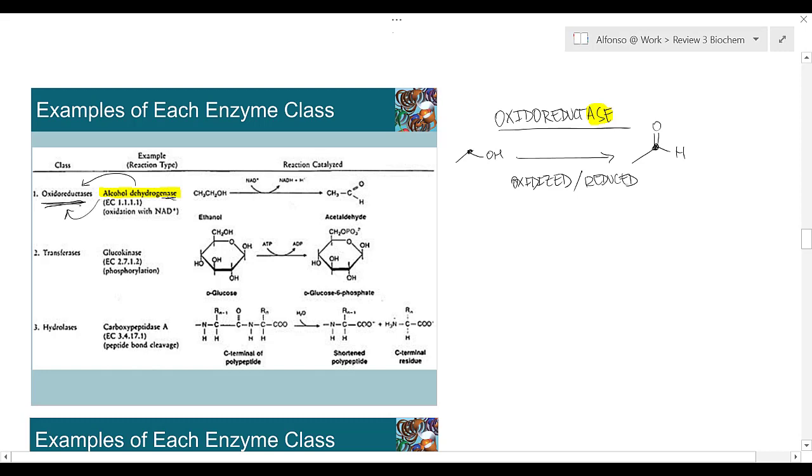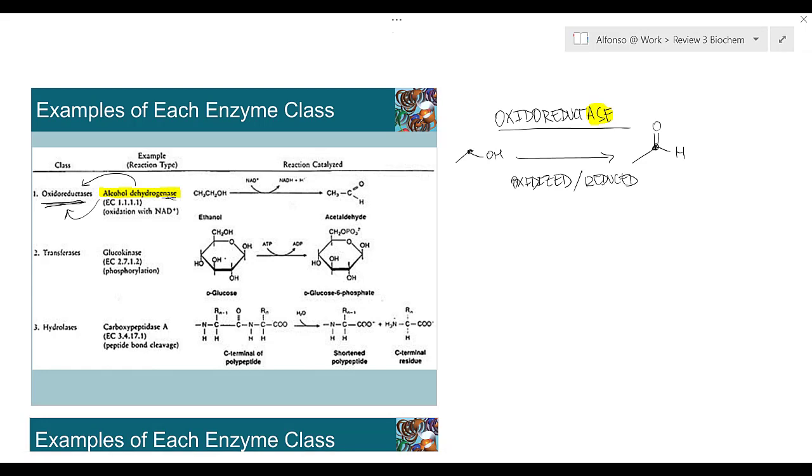And for your exam, they most likely will give you a chemical reaction, and you'll have to tell what the enzyme classification is of the enzyme that catalyzes this reaction. So you're going to want to become very fluent with looking at chemical reactions and seeing just what happened in them.